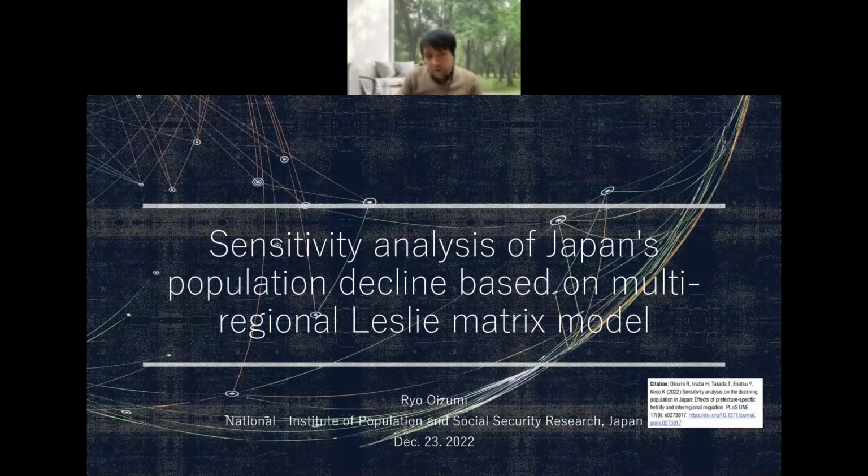I used a mathematical model to analyze the population decline, and this study is in this paper. Okay, so let's start.